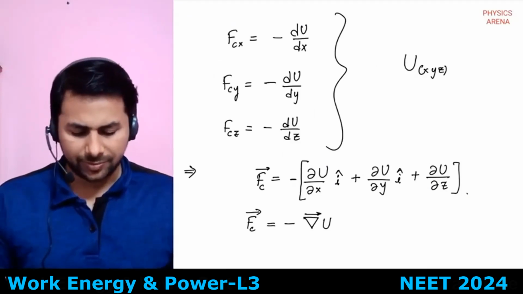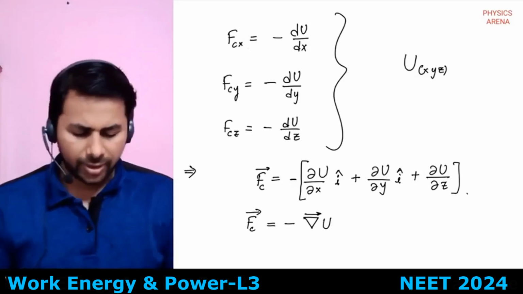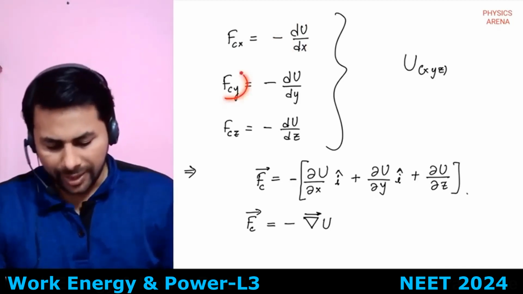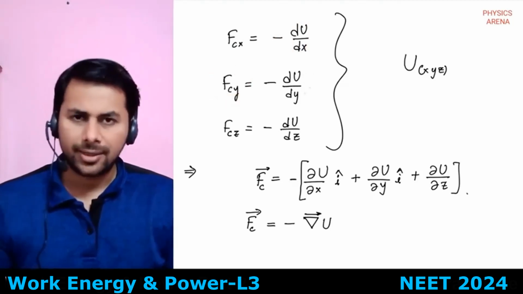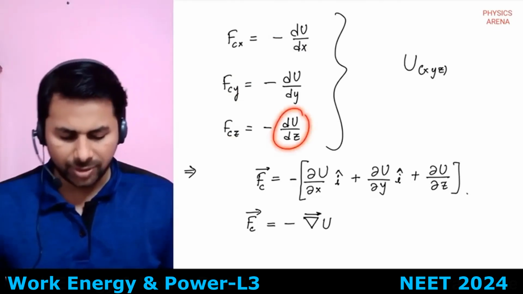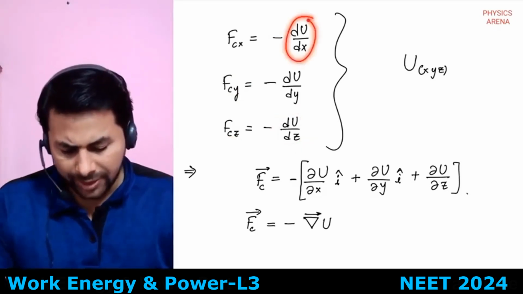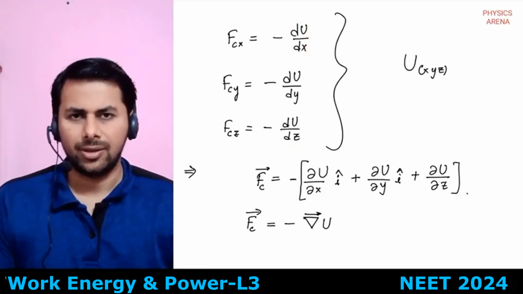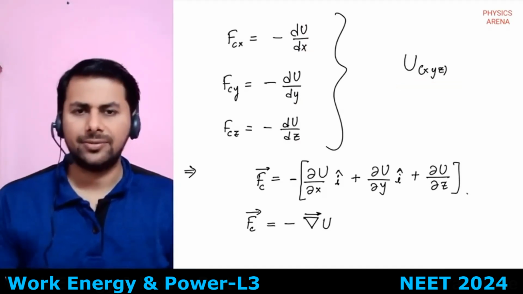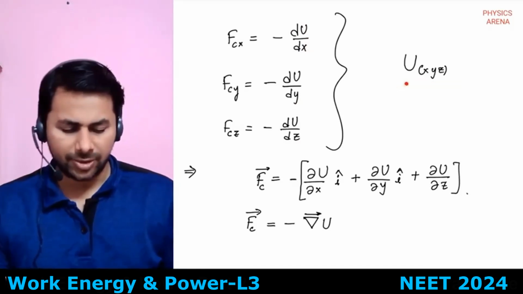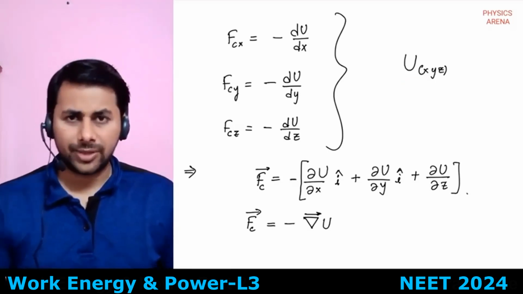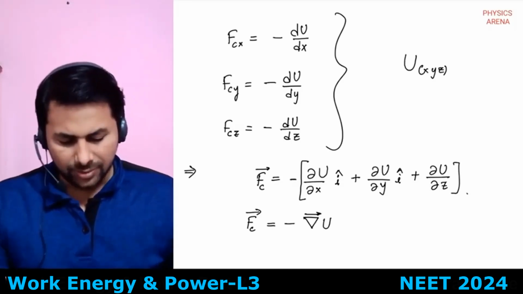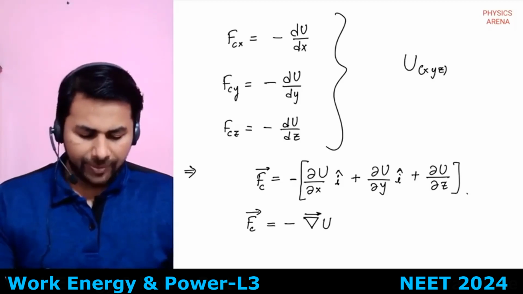The x component is given by minus du by dx, the y component by minus du by dy, and the z component by minus du by dz. That means u is a function of x, y as well as z, because you can take derivatives with respect to x, y, and z. So now here we take partial derivatives.